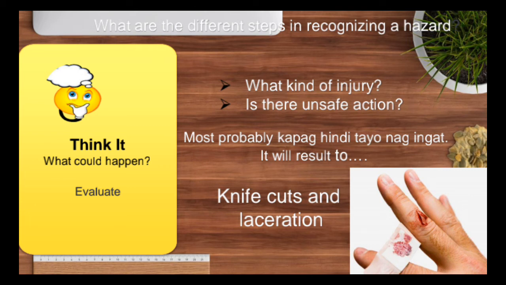Nakakita tayo ng knife on top of the table. What do you think will happen kapag tayo ay hindi nag-ingat? Okay, it can cause what? Knife cuts and lacerations. So again, what is the magic word? Evaluate. The second step is think it.